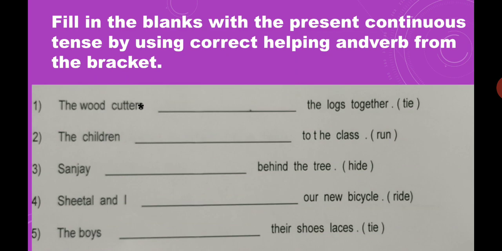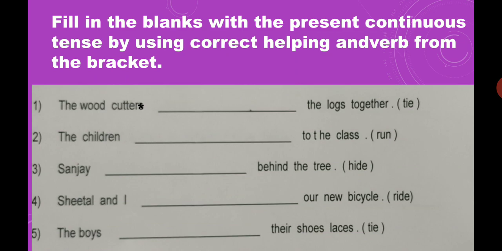If the noun is in a singular form, which helping verb do we use? Is. If I is there in the sentence, which helping verb do we use? Am. If the noun is in a plural form, which helping verb do we use? Are. And plus whatever verb is given in the bracket, we write the ing form of that verb.